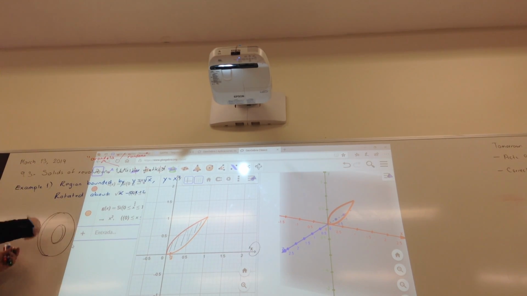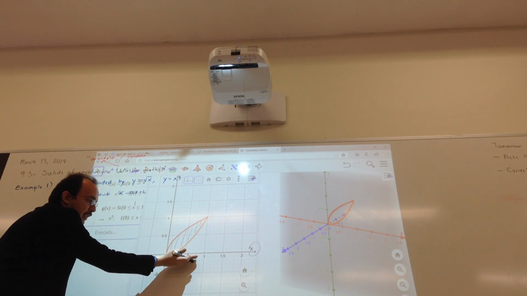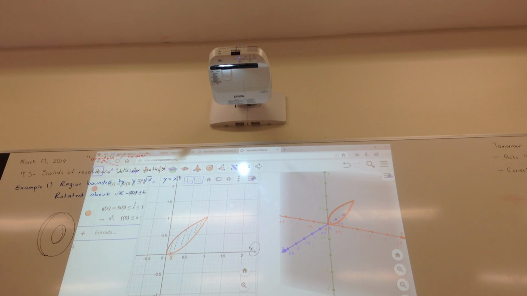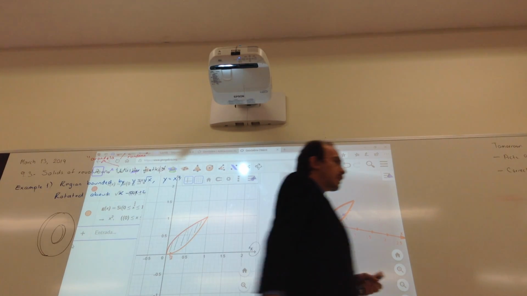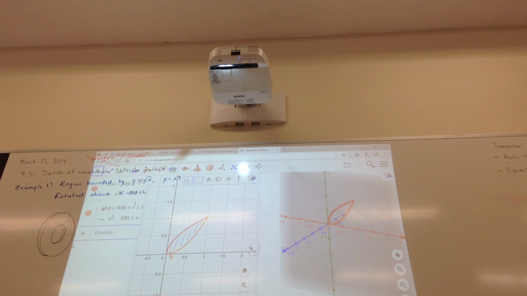They're going to be washers. So you have the function at the bottom, the function at the top, and the hole between that and the rotation axis, and it forms a washer. Okay? Imagine this. I want to rotate that. I put the animation again so you can see what happens.